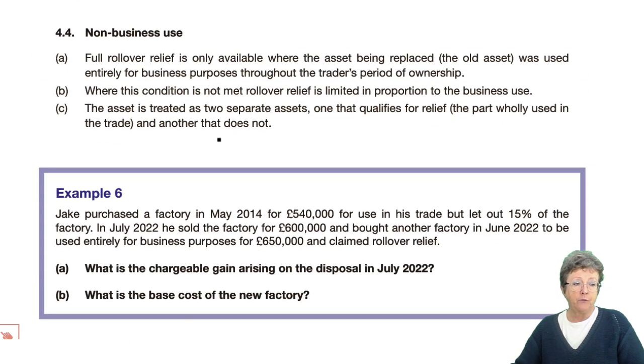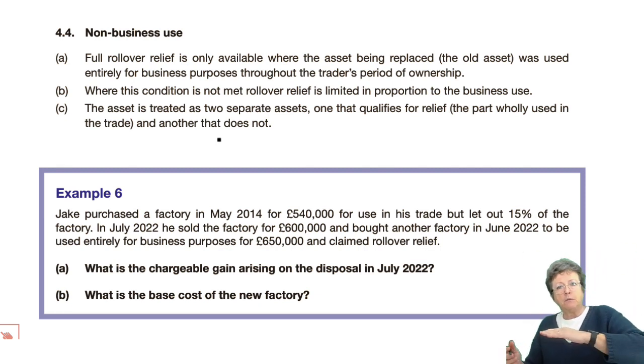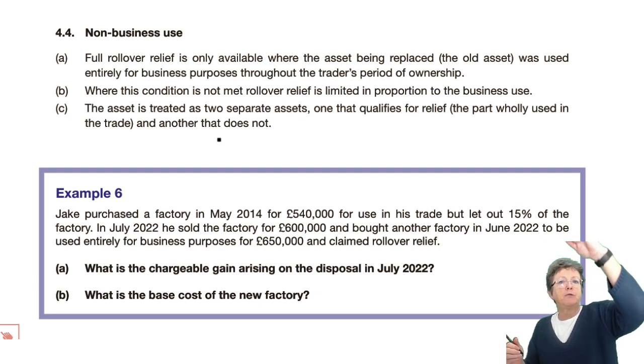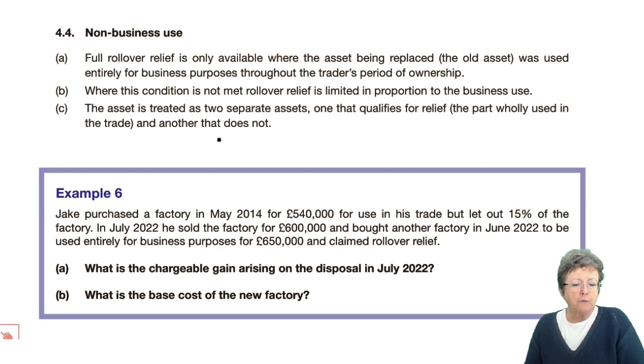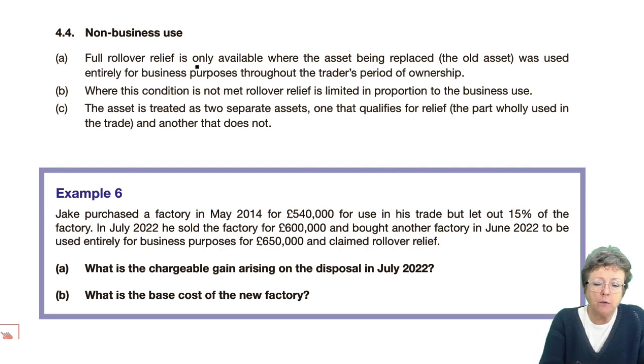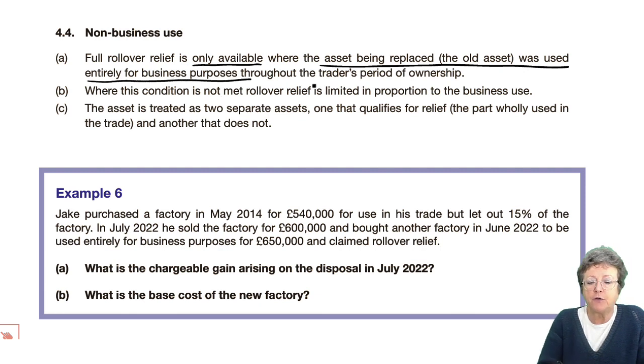Now, what happens if within that business there are parts of it, so they may own a business and use the bottom 3 floors, but the top 3 floors are rented out. Full rollover relief is only available where the asset being replaced was used entirely for business purposes throughout the period of ownership.